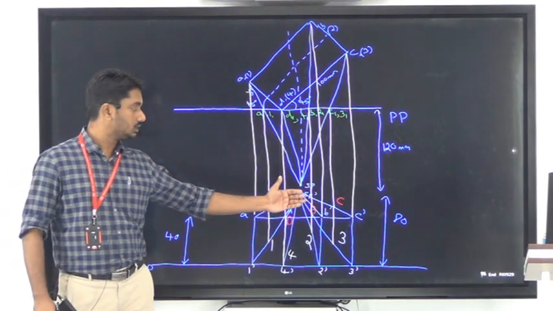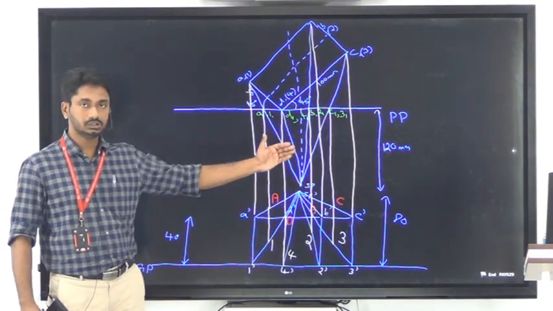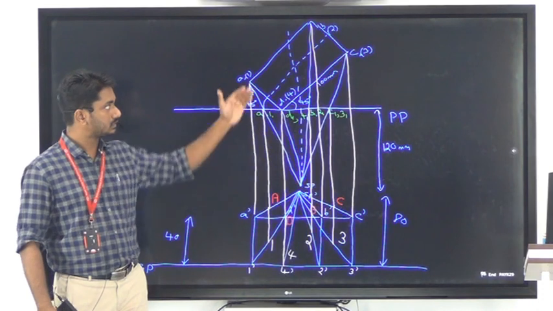So we got all the points on the perspective view. Now you have to join the points in the corresponding order.